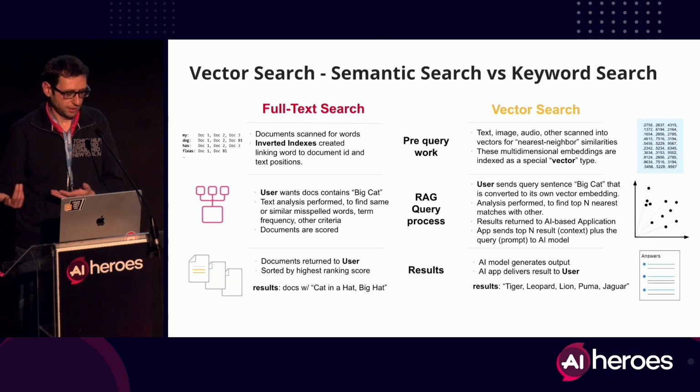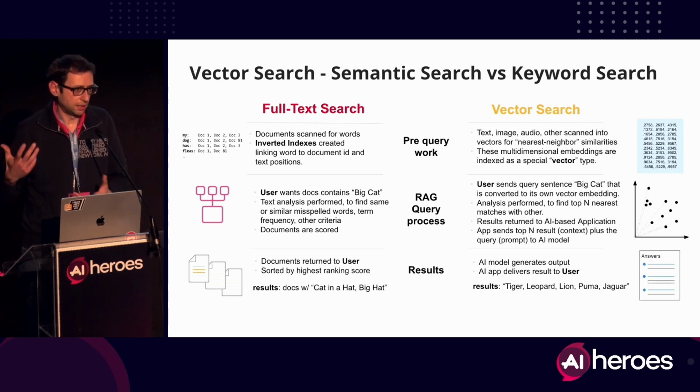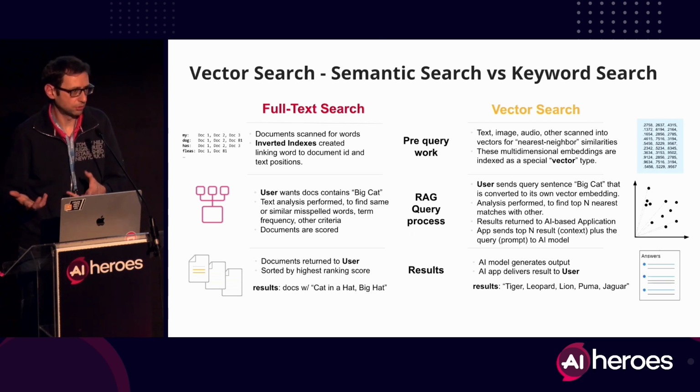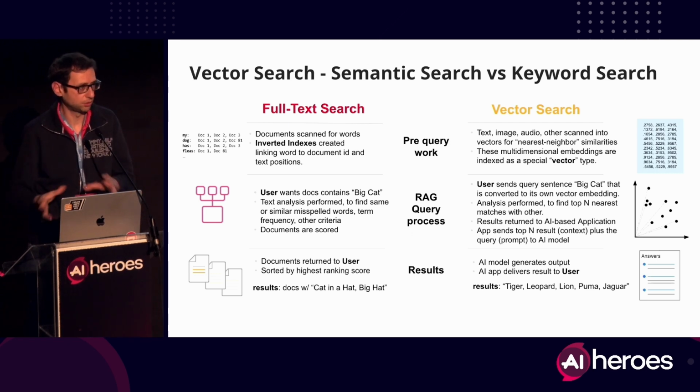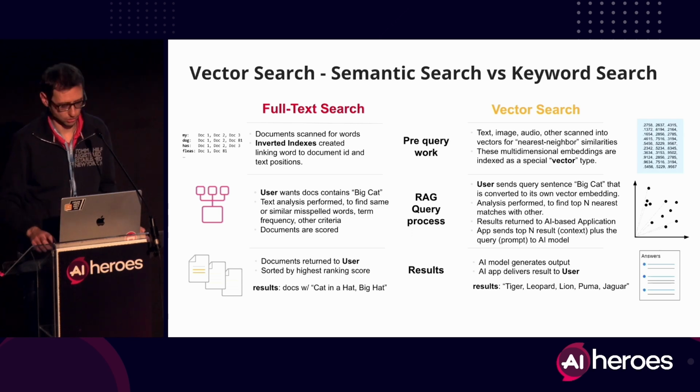And vector search is a sort of game changer because it refers semantically to what I'm searching for. In some use cases it's also good to combine these two kinds of search.